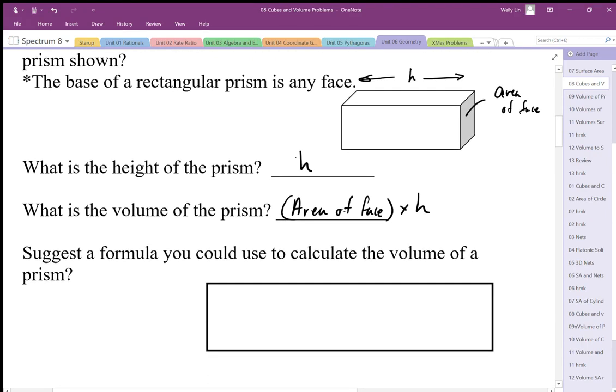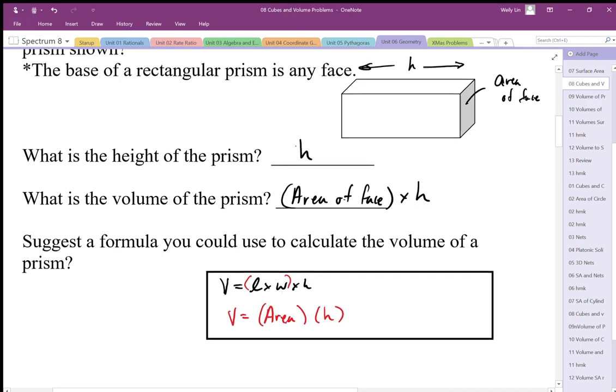I know that a lot of you like to use length times width times height, which is okay, but a better formula is to think of the volume of any shape as area times thickness, which we'll call h. So length times width gives us a cross-sectional area, and then we multiply it by the depth or thickness.